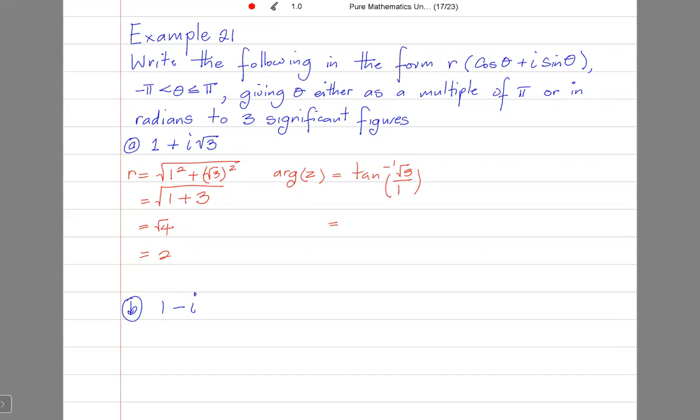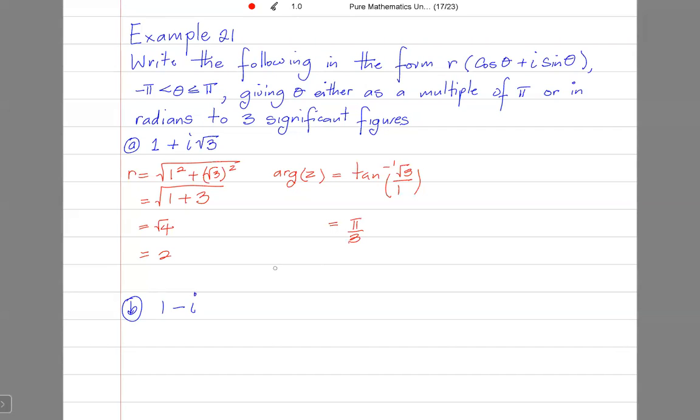The tan of which angle is root 3? Tan inverse root 3 will give which angle? Tan is opposite over adjacent, so this is 60 degrees, or pi by 3.